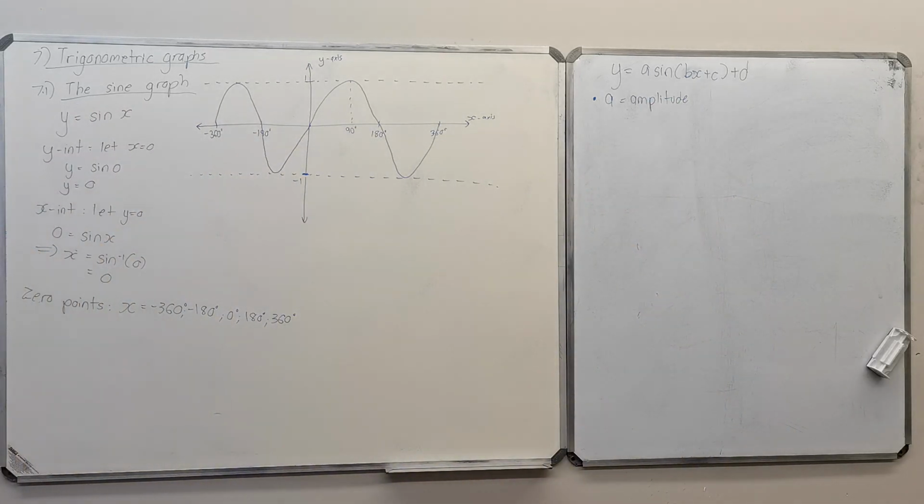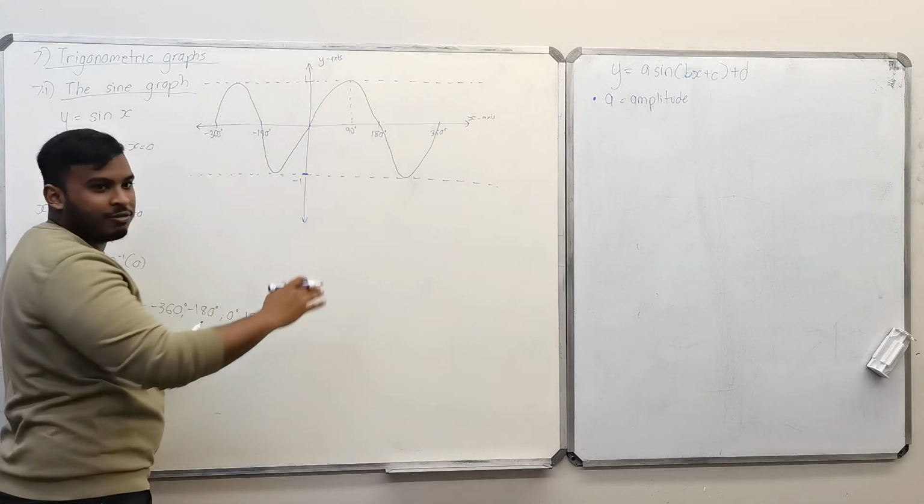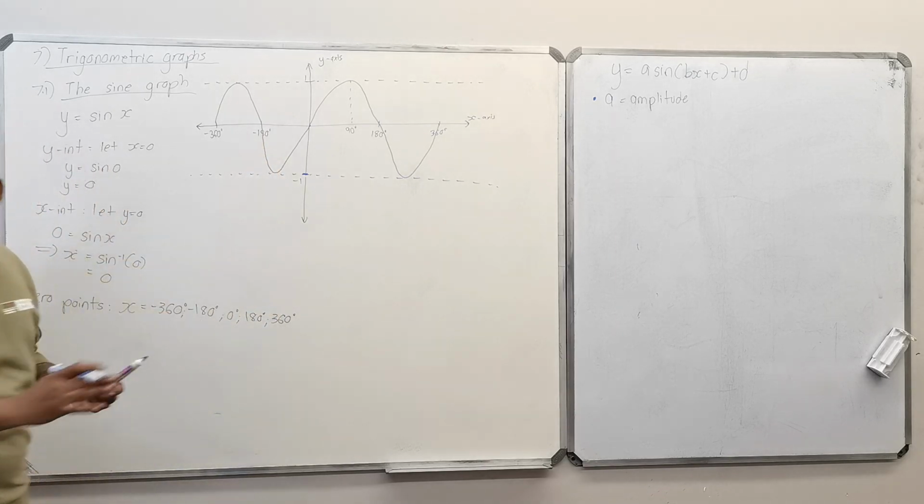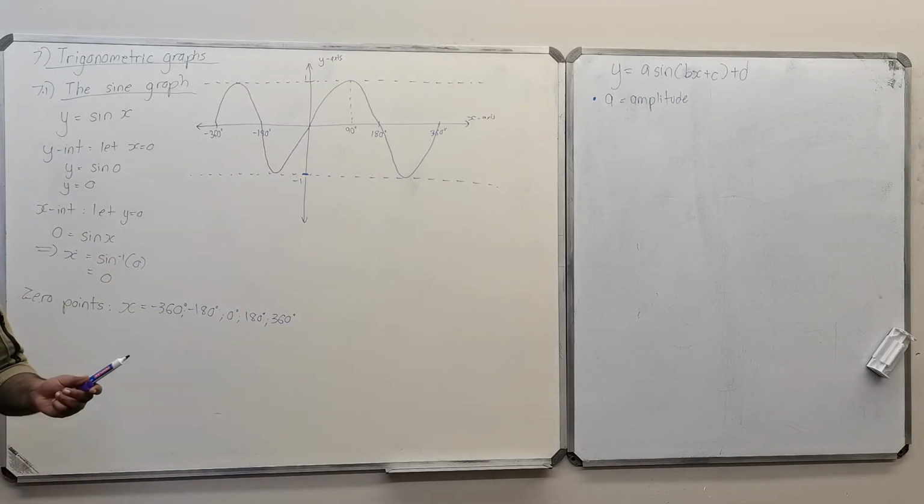Amplitude is the amount by which the graph of the function travels above and below its midpoint. Okay? So, the midpoint of this specific graph is your x-axis. You'll agree?